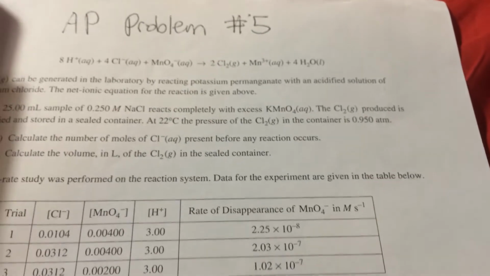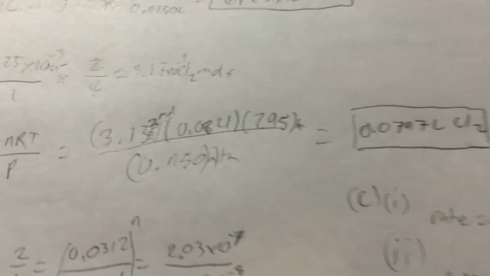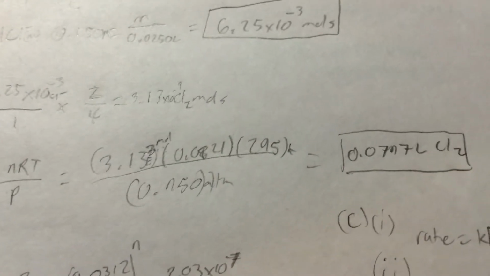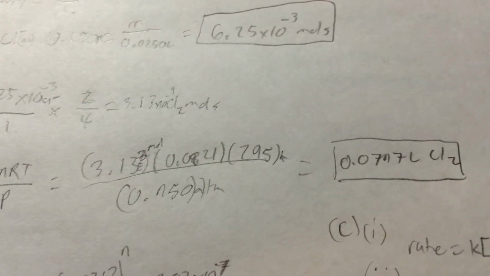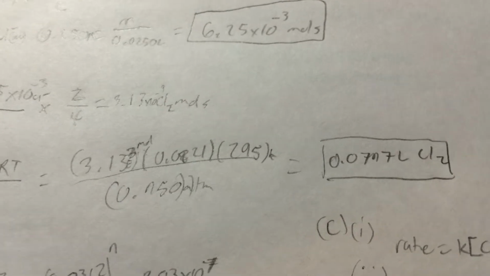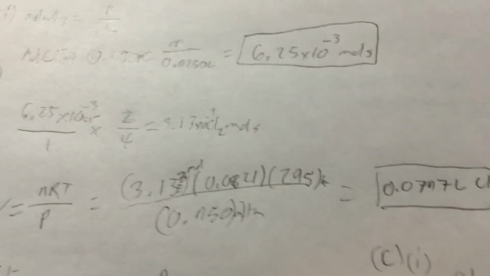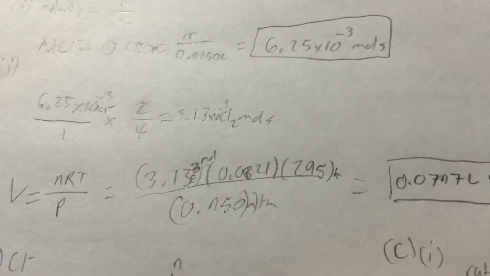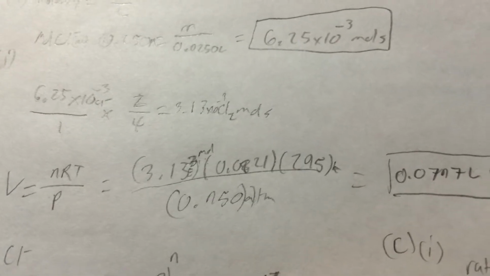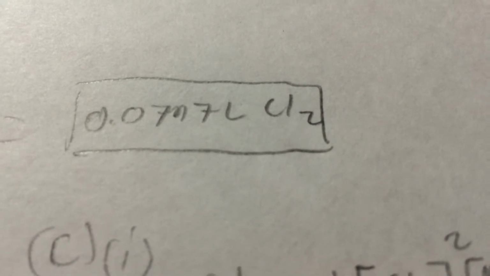So we add 273 to 22, which gets us 295 Kelvin. And then we put that over the pressure, which is also given in the question, which is 0.950 atm. And we plug this into the calculator, and you get 0.0797 liters of Cl2, which is the volume.